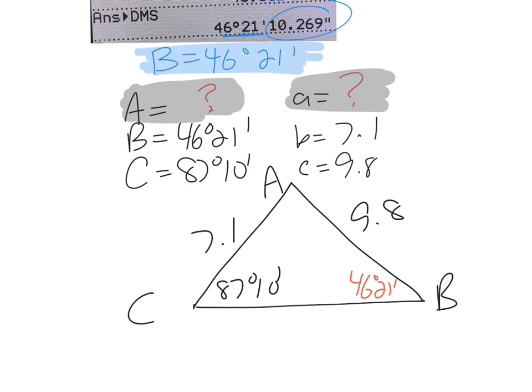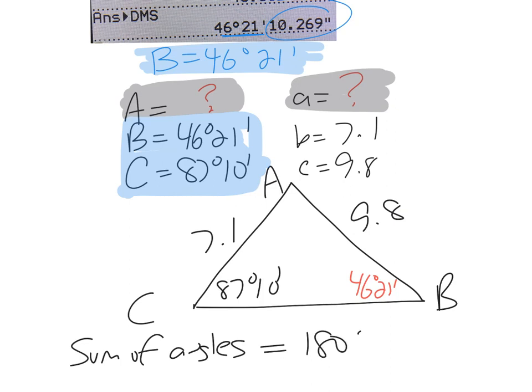But now, since I have two of the angles, remember the sum of the angles is always 180 degrees. So I'm going to add up these two angles and then subtract them from 180 to find angle A. So we're going to add up 87 degrees 10 minutes and 46 degrees 21 minutes and subtract that from 180.